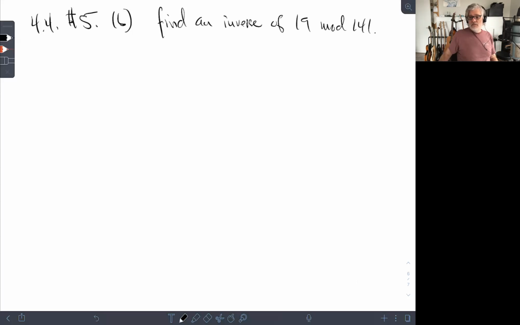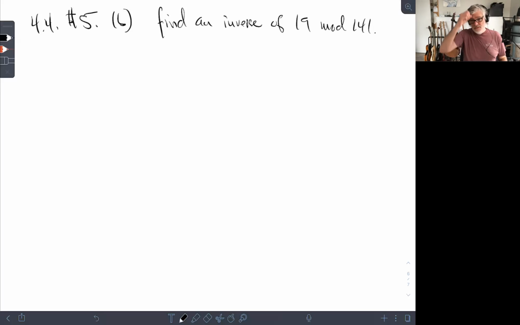Of course you can try as many problems as you wish. I selected problems just because I'm trying to avoid certain things, but if you don't want to do it, you don't do it. If you want to really know about it, I'll explain it separately. So, an inverse of 19 mod 141.